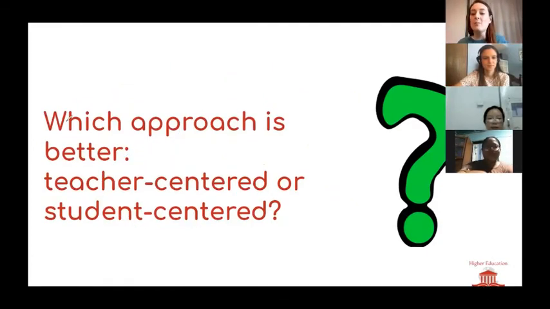Okay, which approach do you think is better, teacher-centered or student-centered? I think student-centered is better, but if I have a large class, it is really difficult for me to control, because in one of my classes there are altogether 57 students.